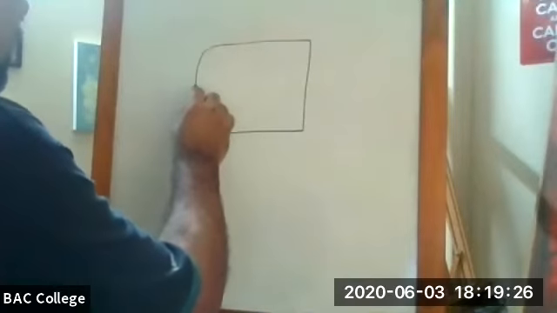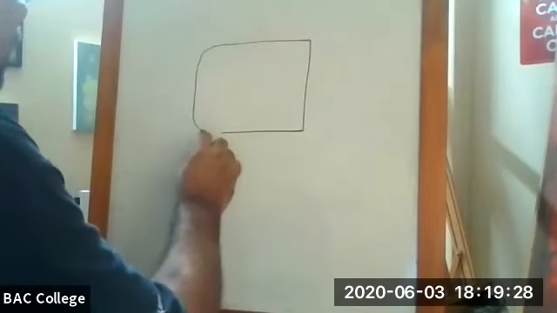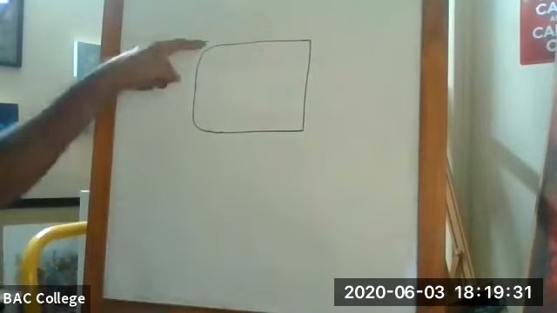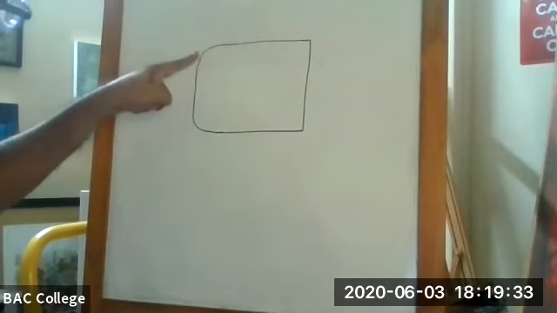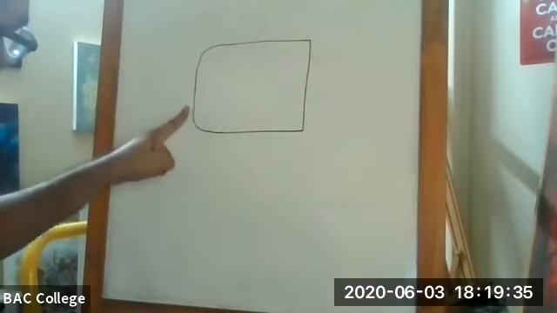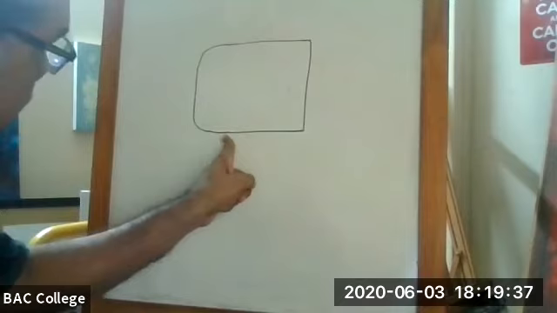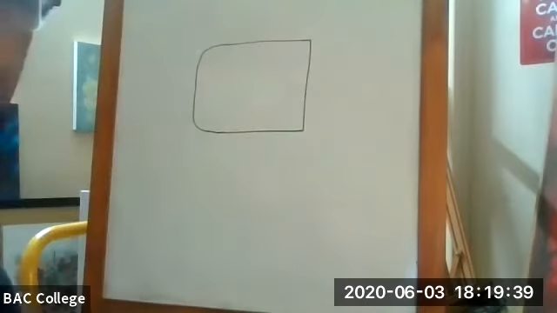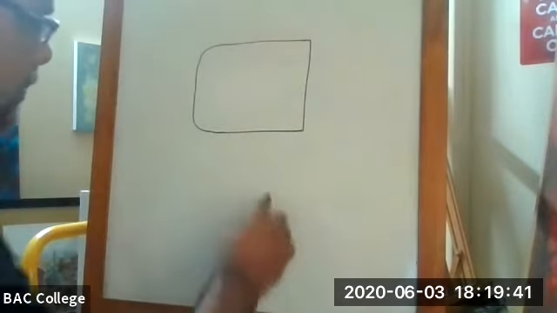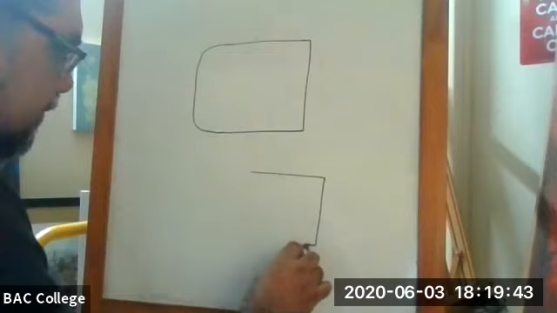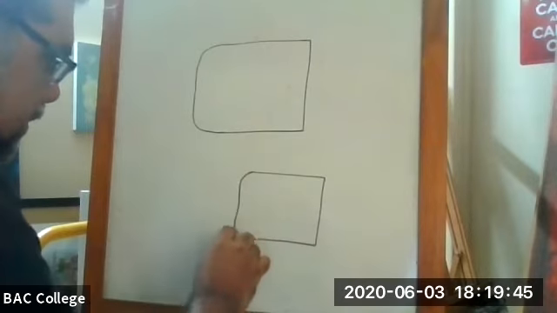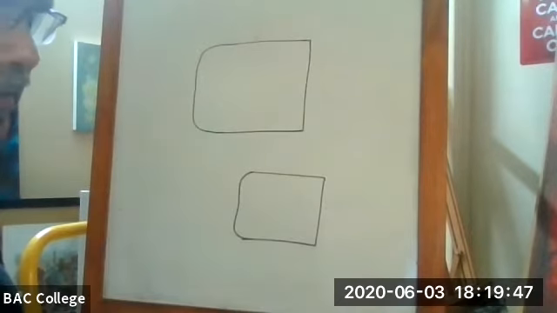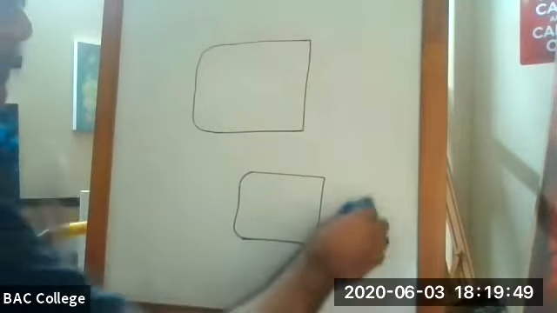Then on this side, you can curve it a bit, come down, then curve here. It's easy, right? So simple. It's like this, like this, like this, and curve. That's all you need to do.